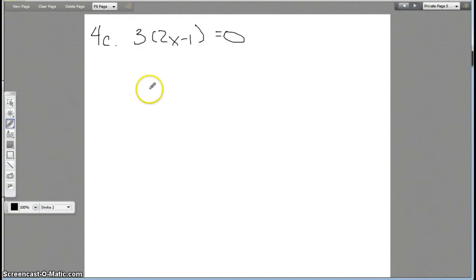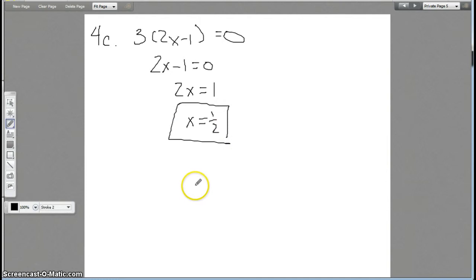So we don't have to do anything with the 3. We just look at 2x minus 1 equals 0 because we already know the 3 does not equal 0. Now to solve this equation, we add 1 to both sides. So we get 2x equals 1. And then to get the x by itself, we divide both sides by 2. So we get x equals 1/2. So this equation has only one solution, which is x equals 1/2.